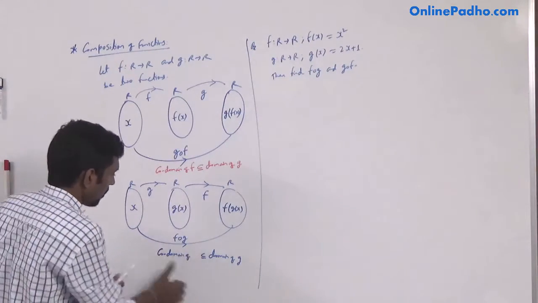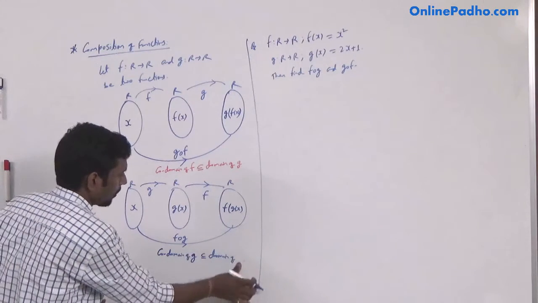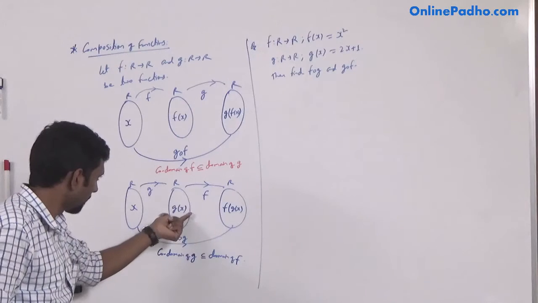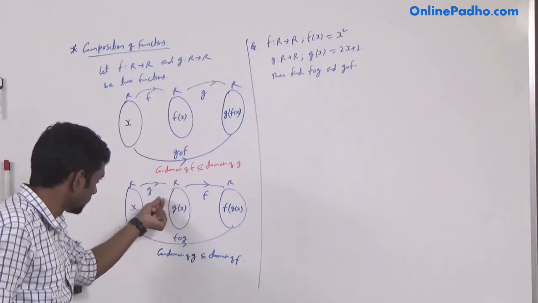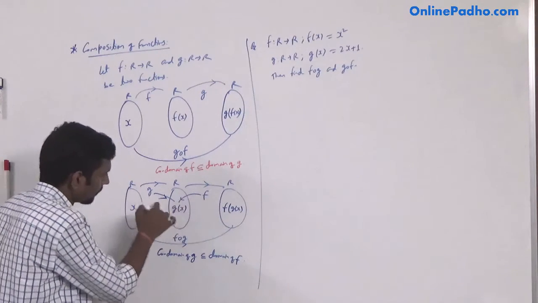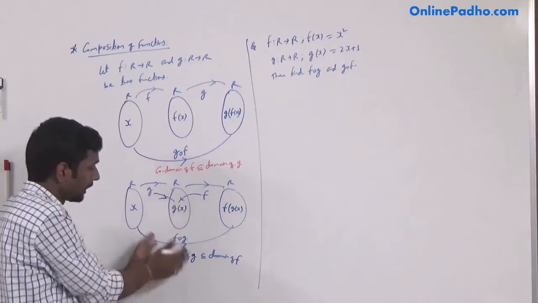In this case, this is the codomain of g and this is the codomain of f. The codomain of g must be the domain of f. Right? We have to check this one.